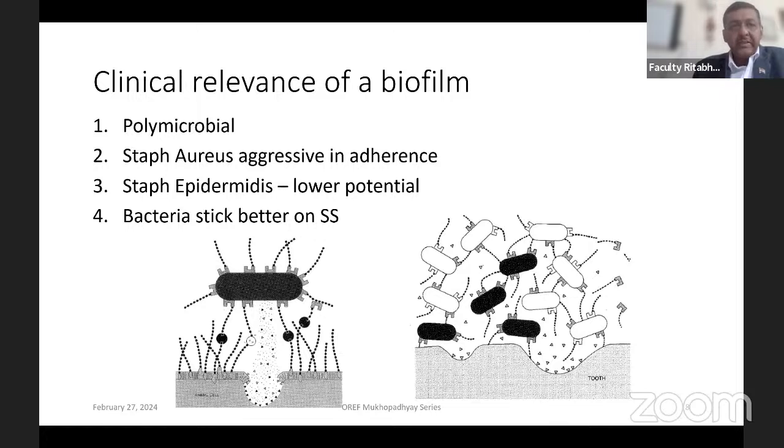Staph epidermidis has a lower potential to throw out glycocalyx, but in the presence of hardware, it becomes robust. And bacteria stick on better on stainless steel surfaces. Hence, there was a trend towards more use of titanium to reduce the risk of infection. This is just one aspect of many.